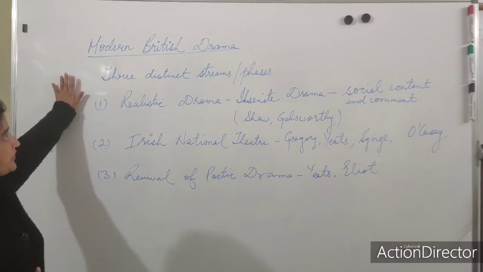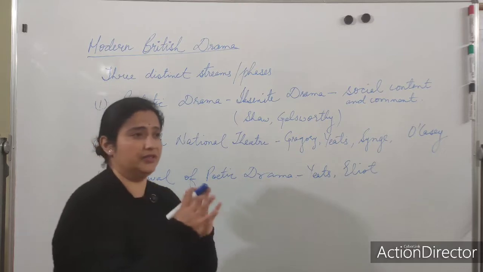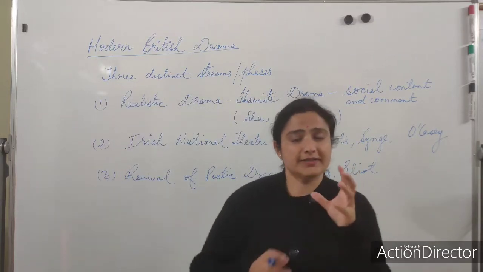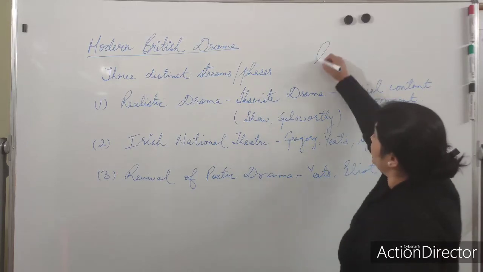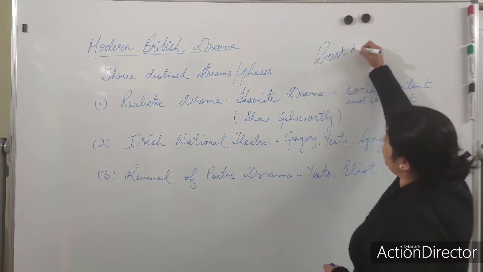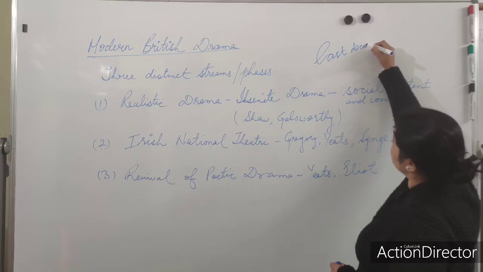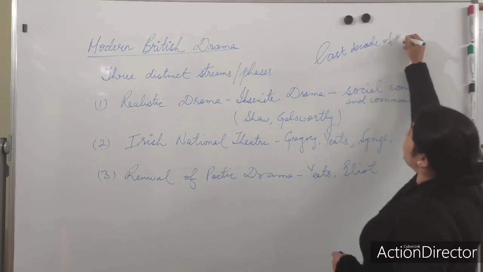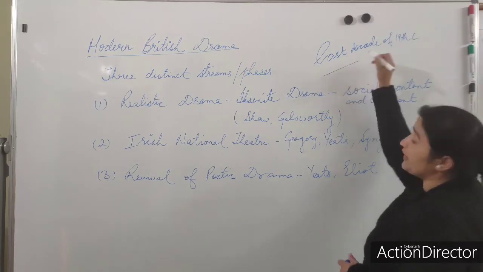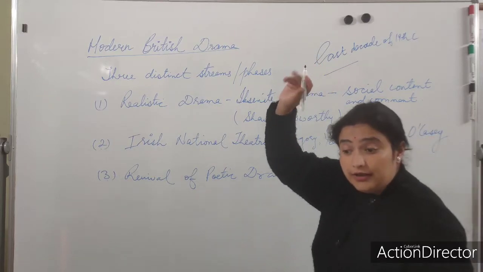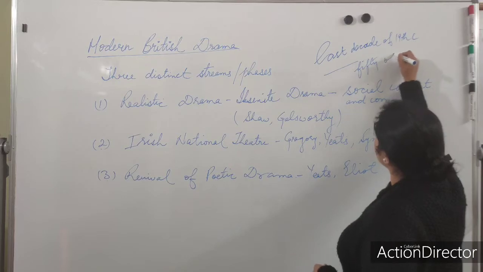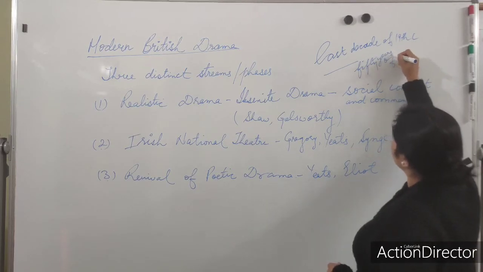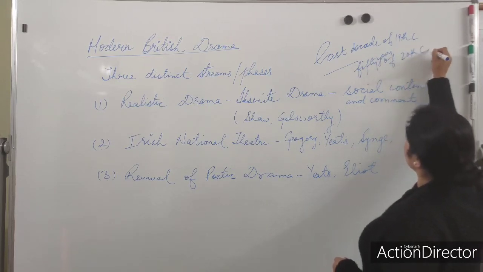So when we talk of modern British drama, always remember the time in the sense that, I think I told in the last video also, this is the last decade of your 19th century and beginning of your 20th century, or let us say the first 50 years of your 20th century.